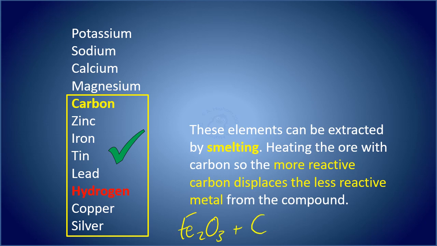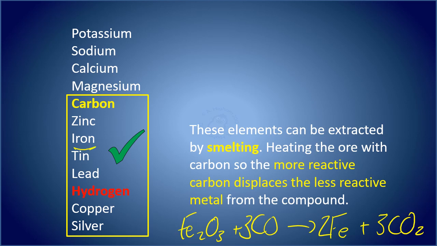We usually use carbon monoxide, but it's the same thing. So we're going to need 3 of them, and that will displace. The carbon will take the place of the iron in the compound, so the iron is kicked out. So it's a displacement reaction, and then the carbon just teams up with those 3, so we end up with 3 CO2. That works because the iron is less reactive than the carbon.